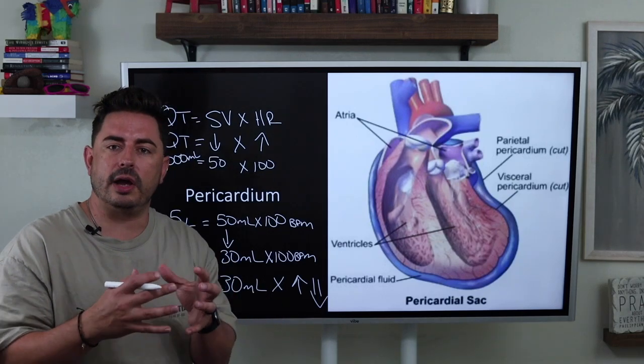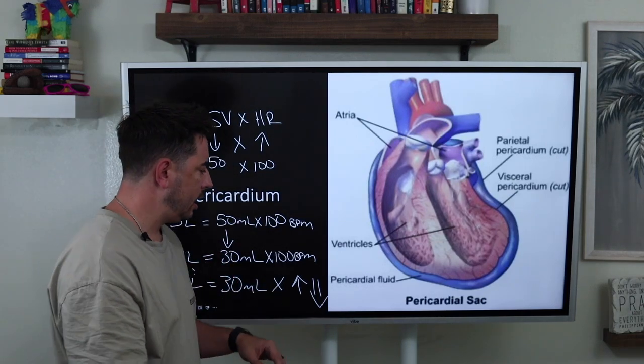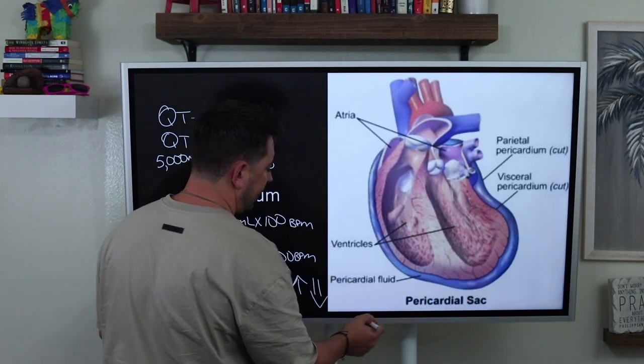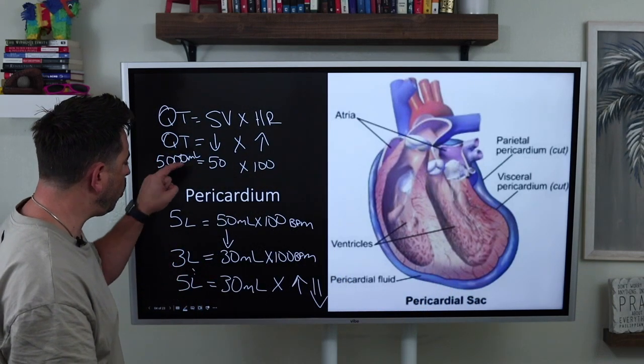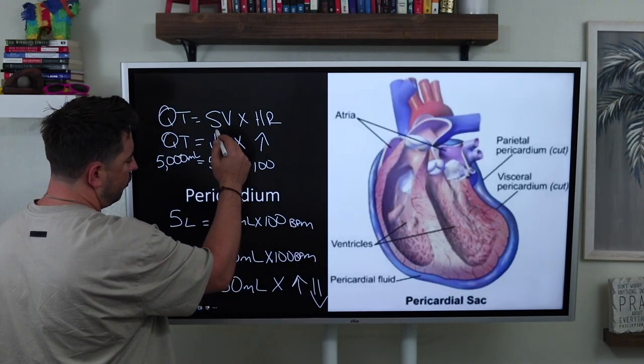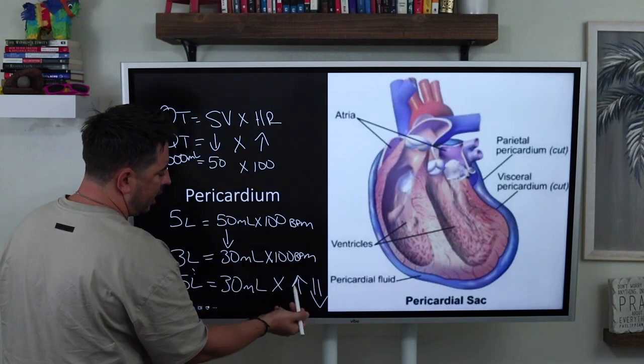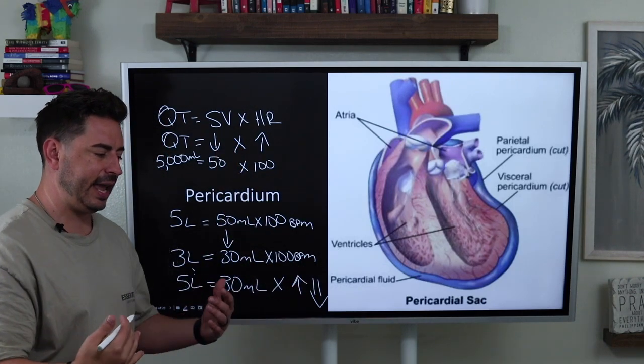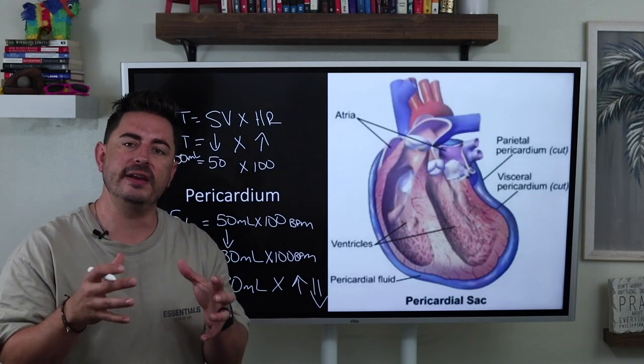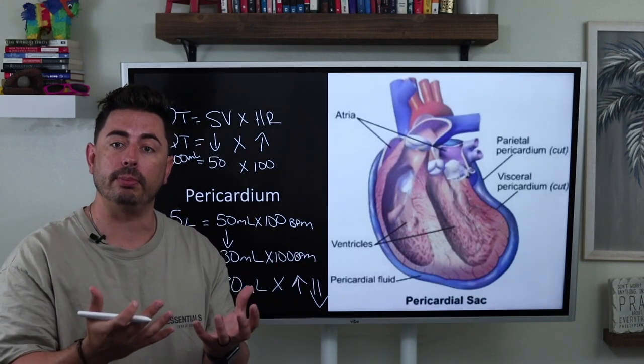A cardiac tamponade is when there's so much volume in this pericardial sac that it's impeding the outward flow. It's decreasing the stroke volume, and I've tried to compensate with the heart rate, but I just can't do it anymore, and it severely decreases the overall blood flow.